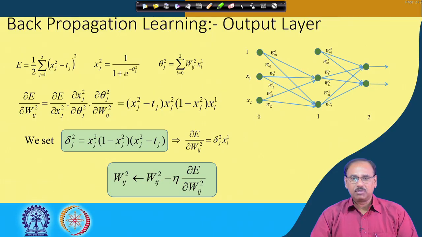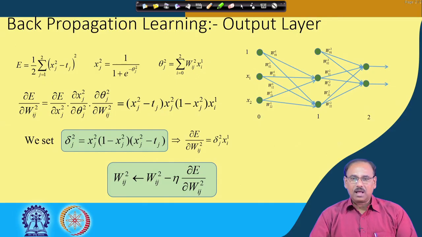The example that we are considering is a two-layer feed-forward neural network. When you go for updation of the connection weights, the error can be computed only at the output. I cannot compute an error at the output of any of the hidden layer nodes, because I do not know what the target vectors are at the outputs of the hidden layer nodes.